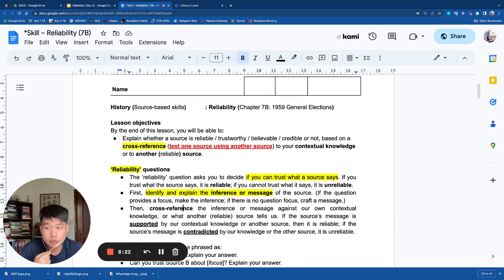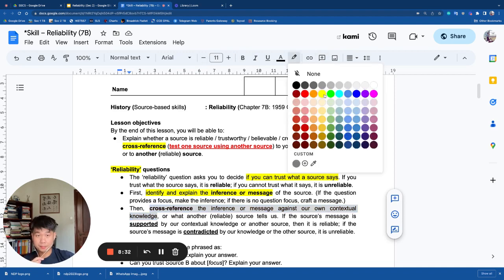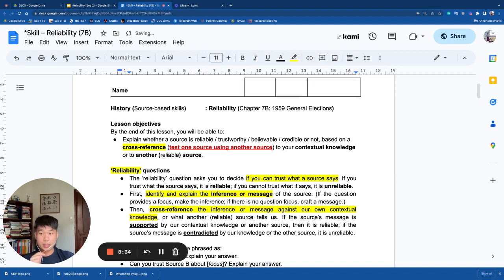So once we have the inference or the message of the source, we would cross-reference the inference or message against our own knowledge or against another source. And here are the keywords I would like you to focus on. If the original source is supported, then it is reliable.